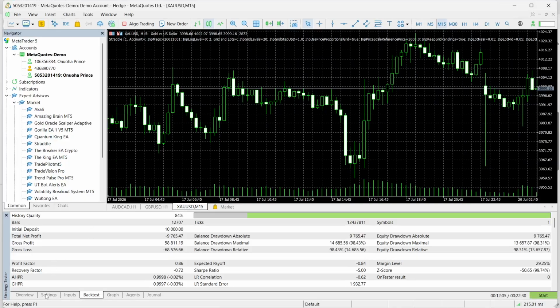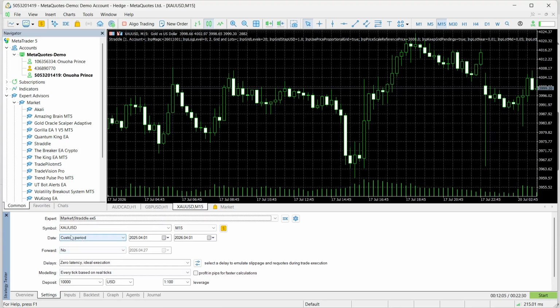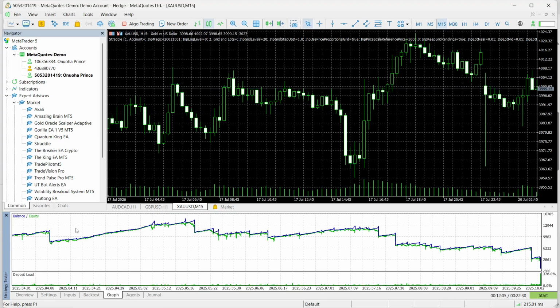As you can see, I carried out a backtest on XAUUSD as recommended by the developer on the M15 time frame for a custom period of 1 year, ranging from the 1st of April 2025 to the 1st of April 2026.